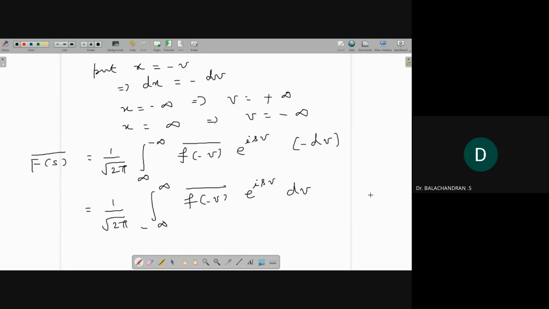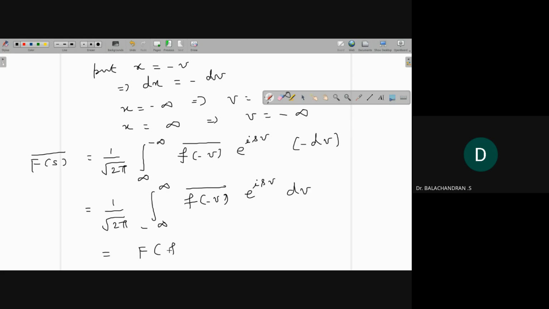So now the last step is nothing but the Fourier transform of f of minus v whole bar. By changing the dummy variable, you can write instead of v, w or y, or x. So I will use x here.